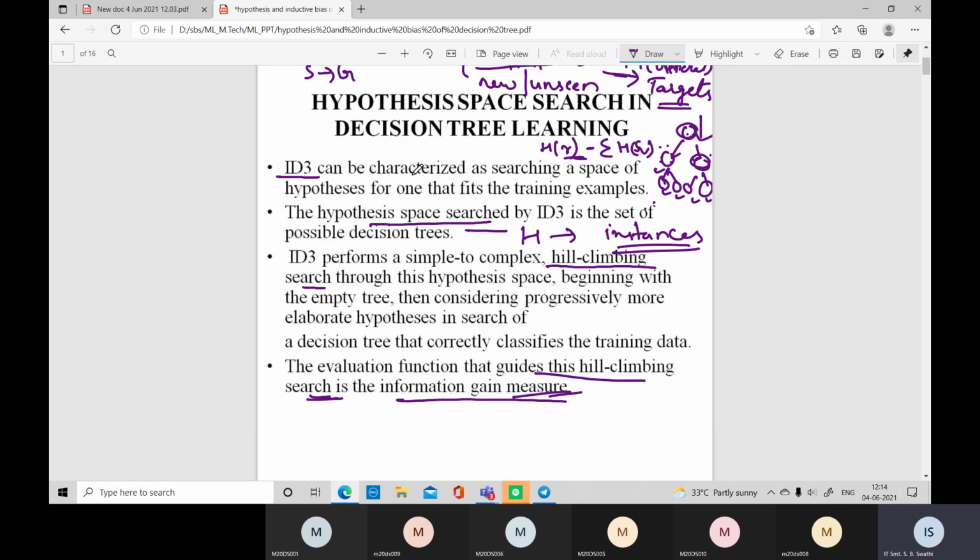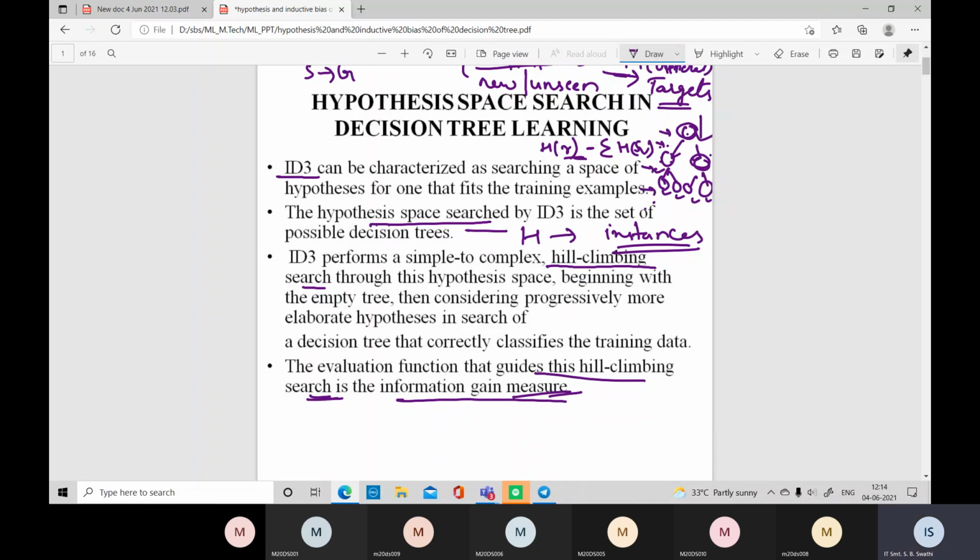And the hypothesis space is generated. What is hypothesis space? Whatever instances you have considered for deriving this decision tree, the hypothesis will be generated only for those instances.